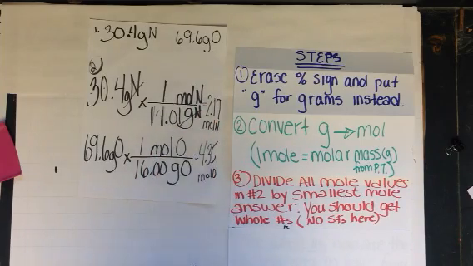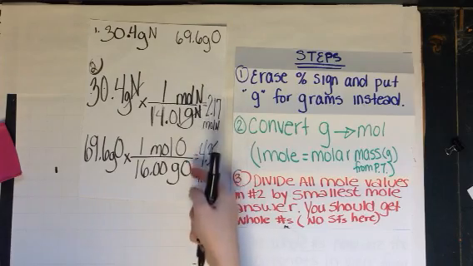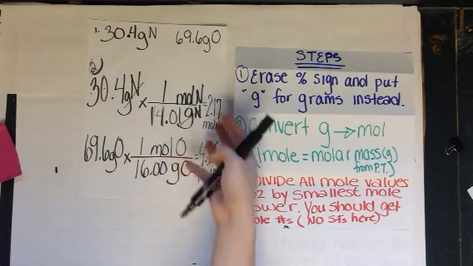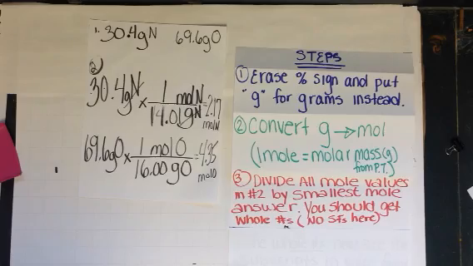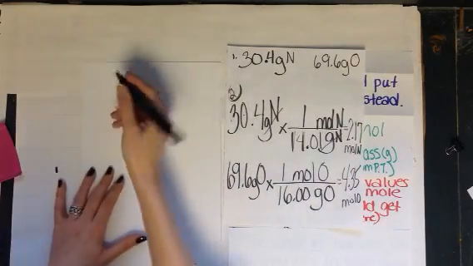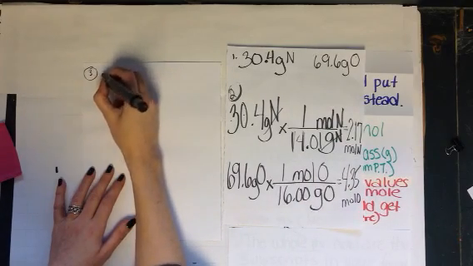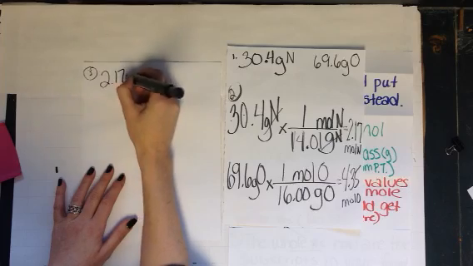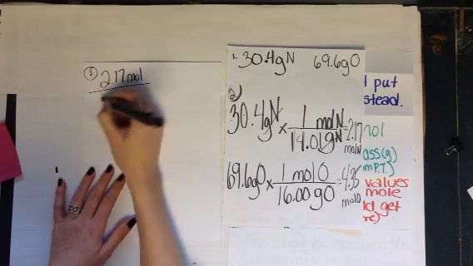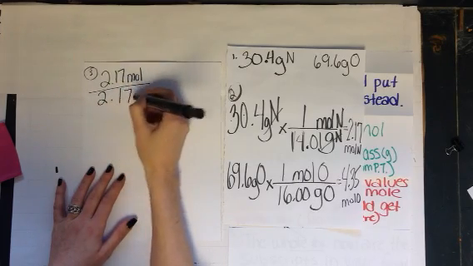Well, 2.17 is definitely smaller than 4.35. If I had 3 of them, I'd take all of them and divide by the smallest one. You can have many. So again, I'm just going to transfer here. Step 3, I have 2.17 moles of N. That's the smallest. I'm going to divide both of them.